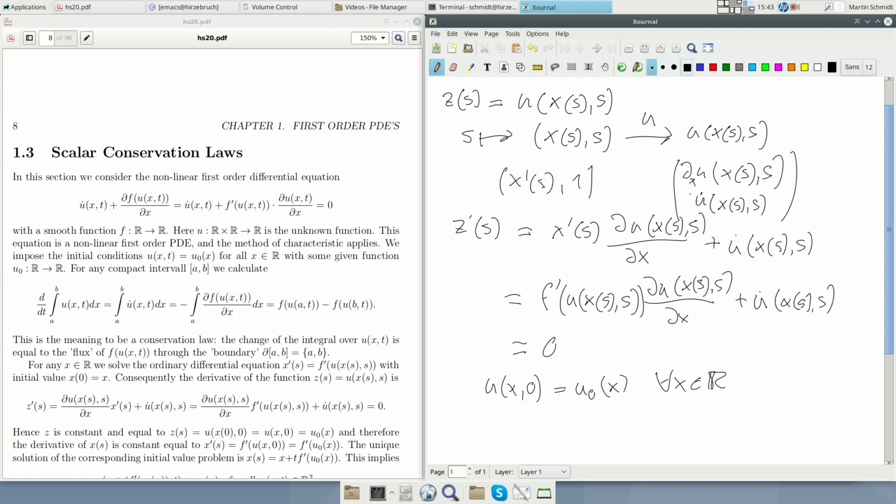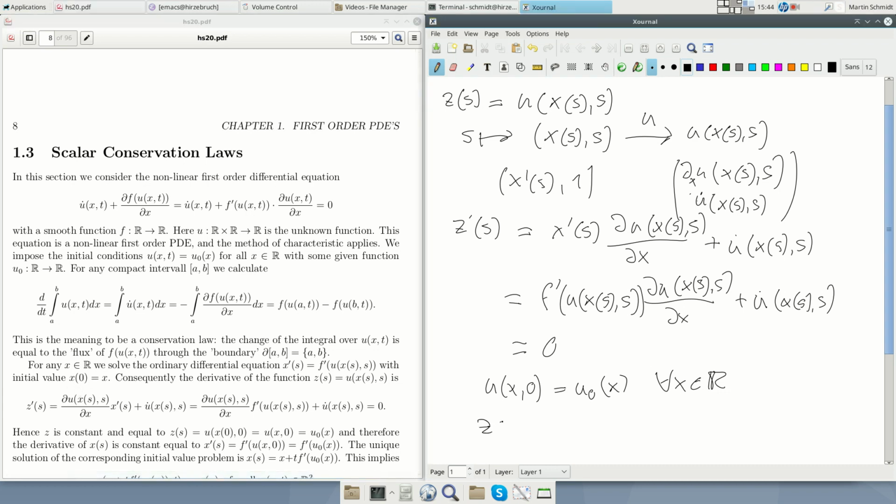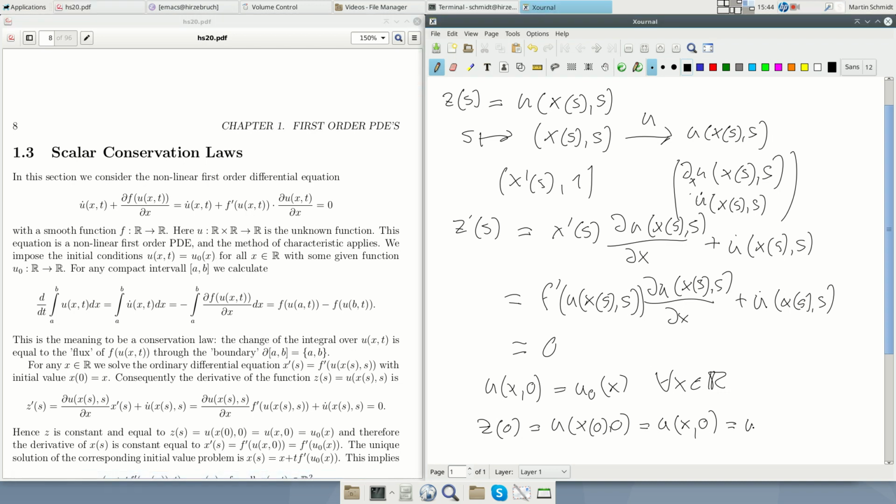We have chosen the initial condition in such a way that for s equals 0, z of 0 is by definition u of x of 0 and 0, and this is u of x0, and this is u0 of x.